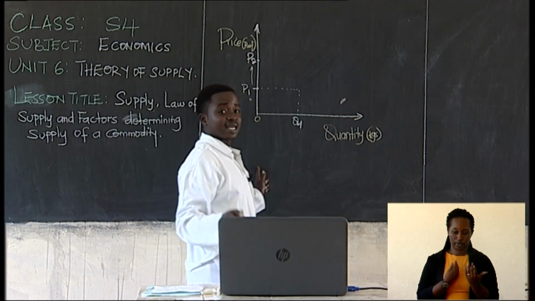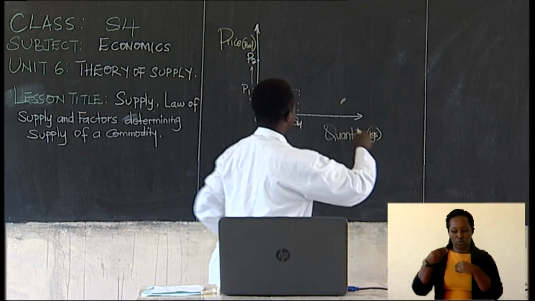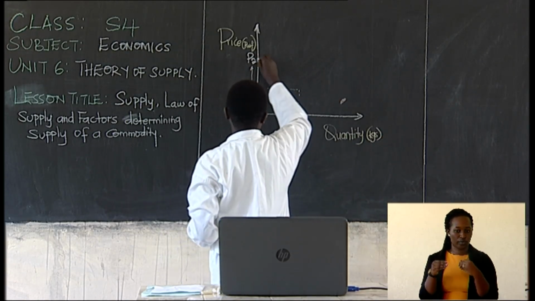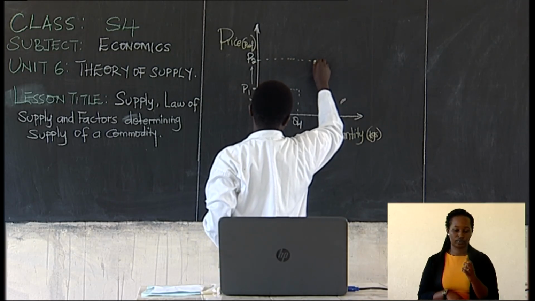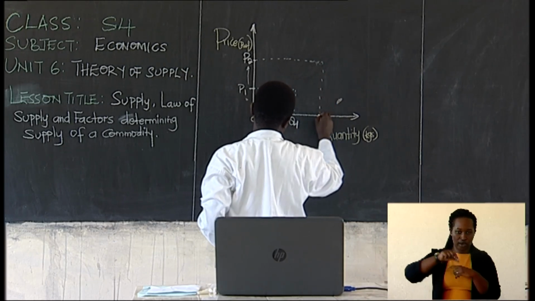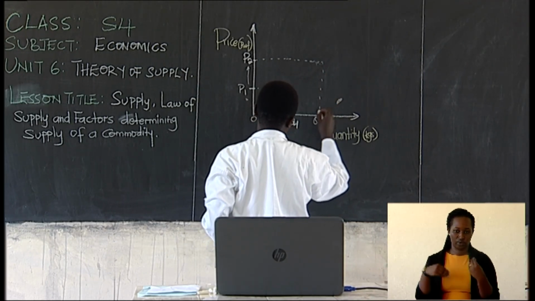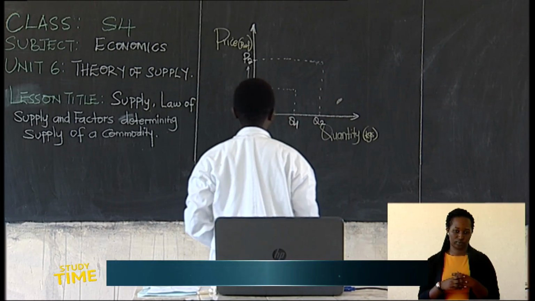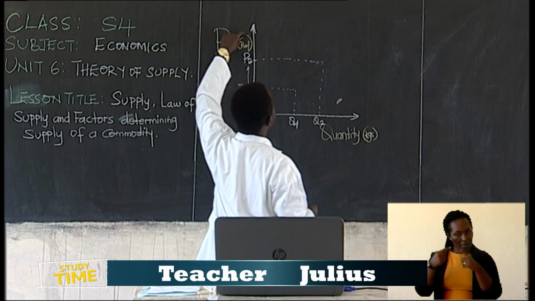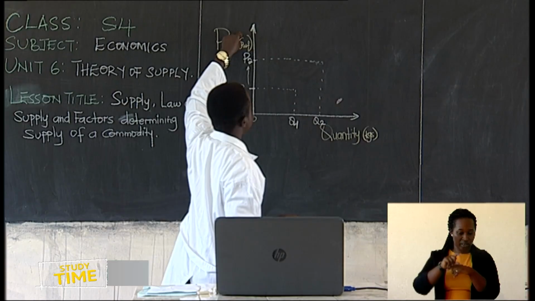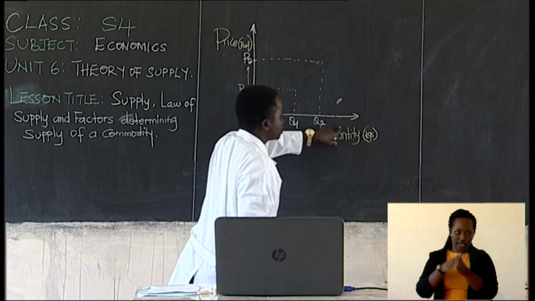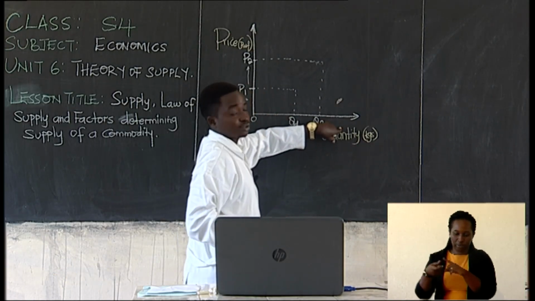We expect sellers to supply more to the market, so in this case they are willing to increase the quantity taken to the market to quantity 2. If the price continues rising to price P3, we expect more quantity to be supplied on the market.